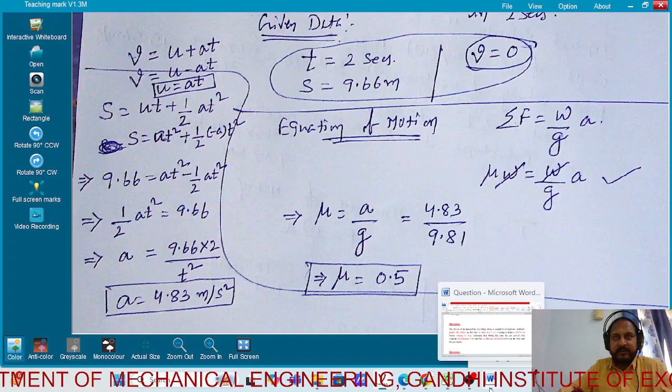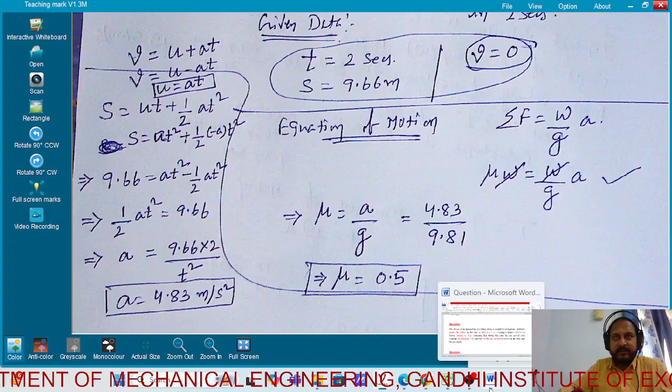Which force will be there in the cable? Tensile force. It is going in which direction? Downward direction with an acceleration a. So let me draw. It is traveling in the downward direction.